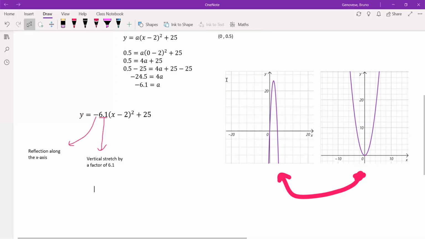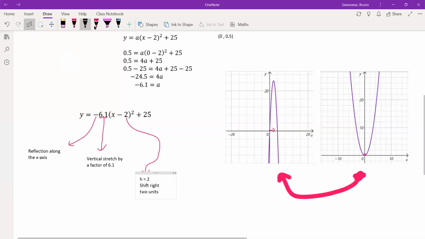The vertex was clearly moved as well. It has gone from 0, 0 and moved to the right. What's causing that in the algebra? Well, this value right here is your h value. So h equals 2, which causes a shift right 2 units.